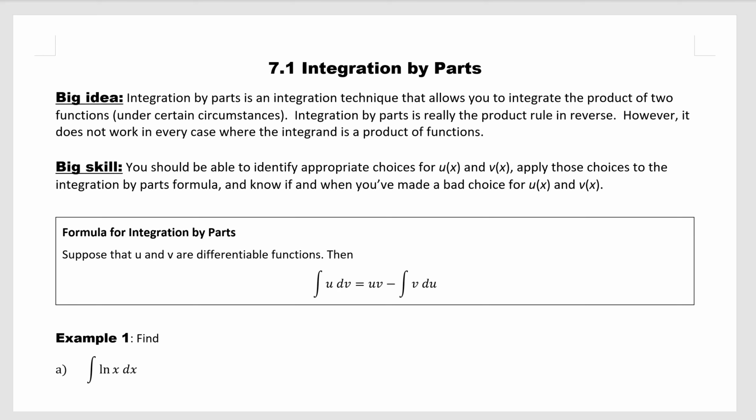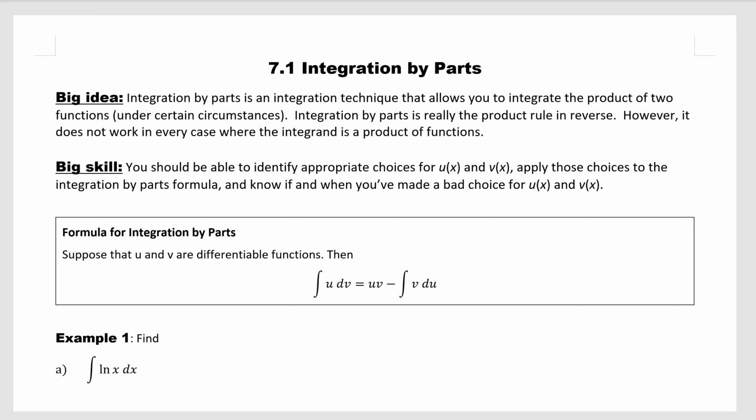So do you remember I told you before there's no product rule and quotient rule for integrals? However, there is something similar to the product rule. It's called integration by parts, but it does not work for all the products of two functions. It only works for the products of some special types of functions.